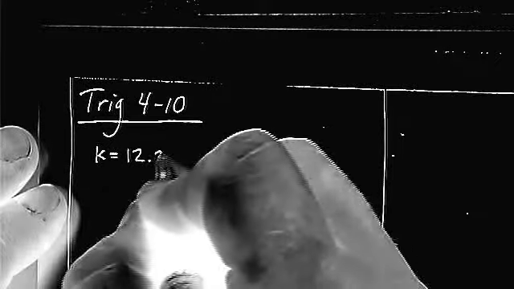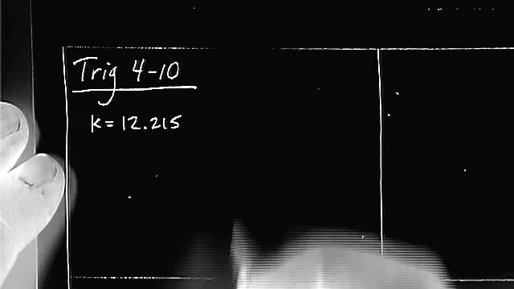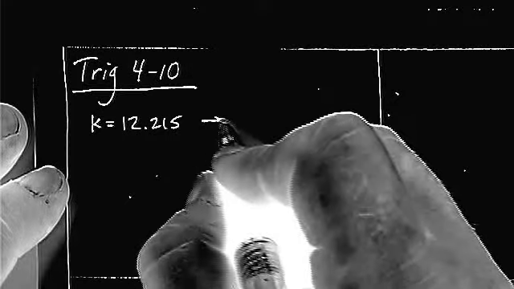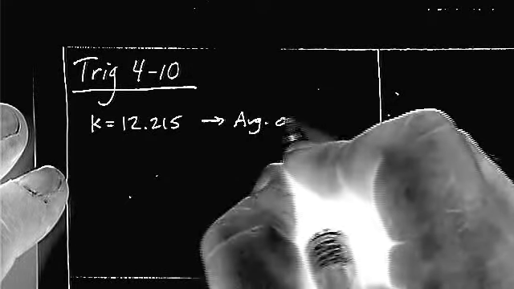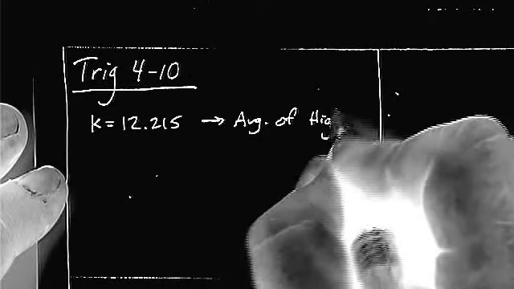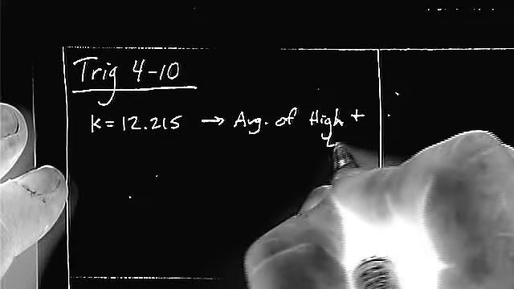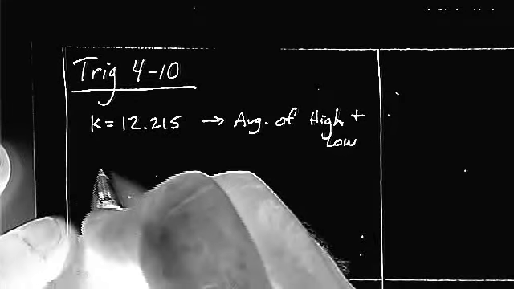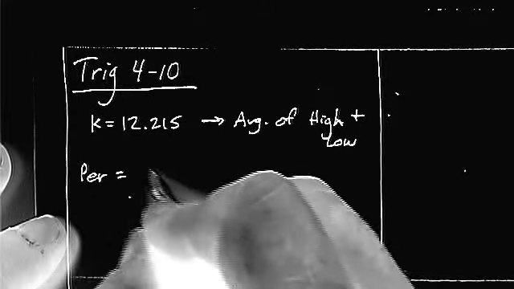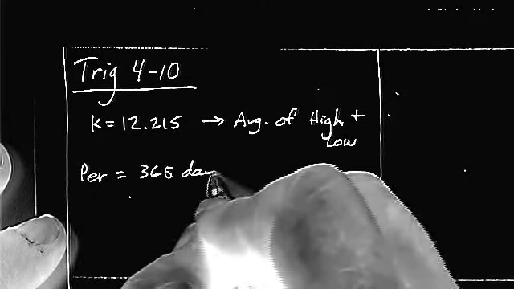So we know that the k value, 12.215, we figured that out by averaging the high and the low. Average of high and low. And we know the period of the function is 365 days.